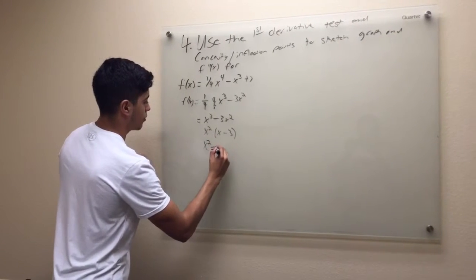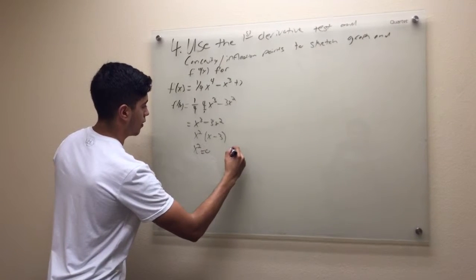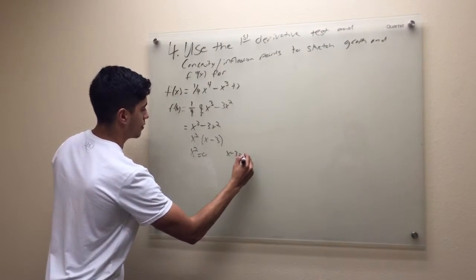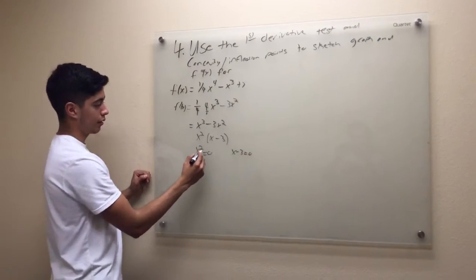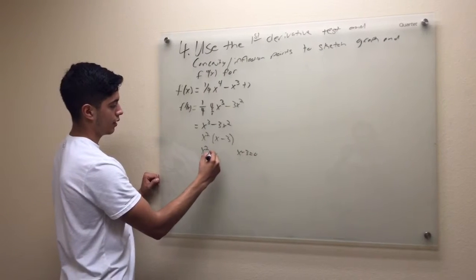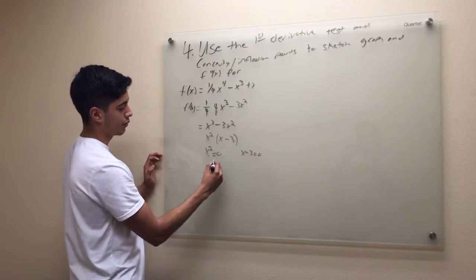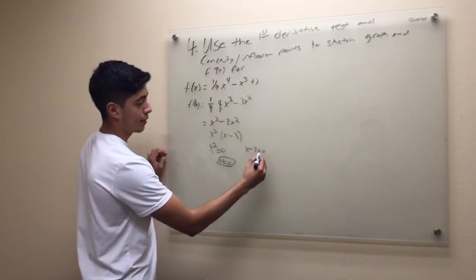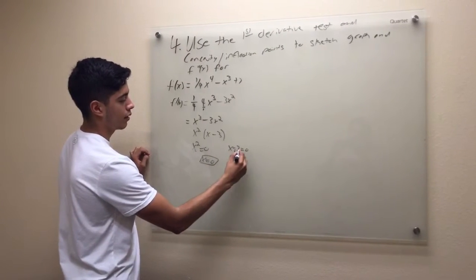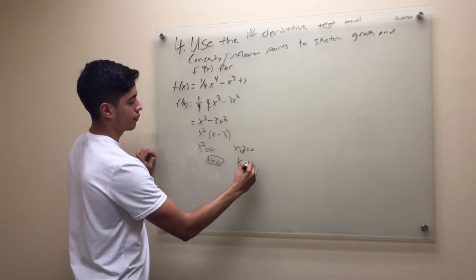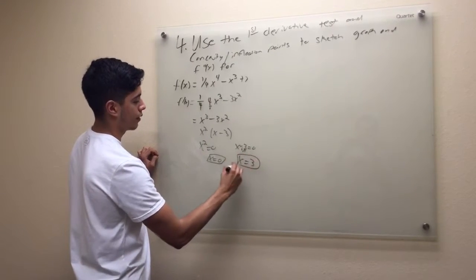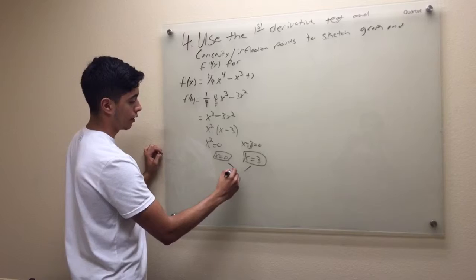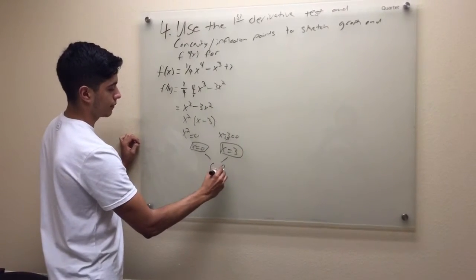So x squared equals 0, and x minus 3 equals 0. We're going to square root this, and the square root of 0 is 0, so x equals 0. And then x minus 3 plus 3 gives x equals positive 3. So these are going to be our critical points.